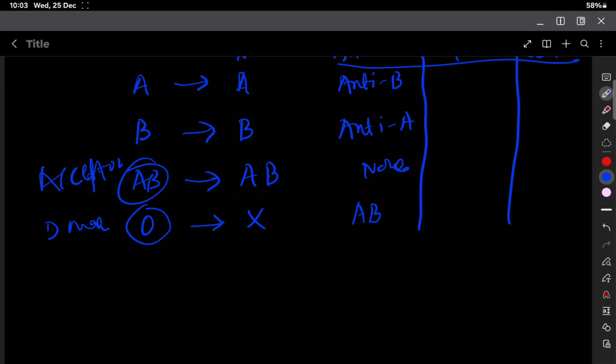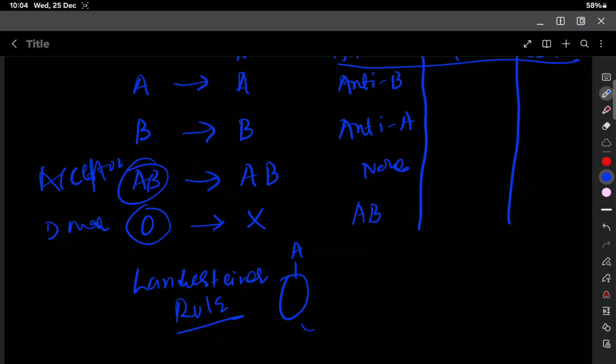Once again I will say it, the Landsteiner rule. If an antigen is present on a patient's RBC, the corresponding antibody will not be present. For example, if this is an RBC and the antigen is A, the corresponding antibody will not be present here, it will be present in B. For B antigen, the antibody will be present in A. That is called Landsteiner's rule.